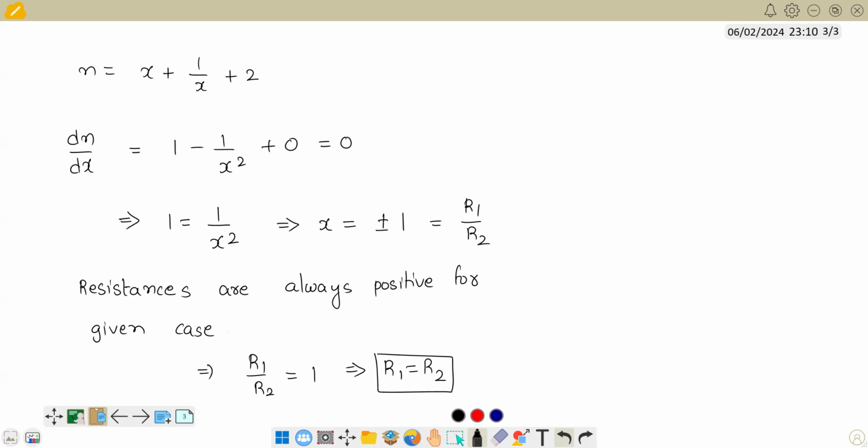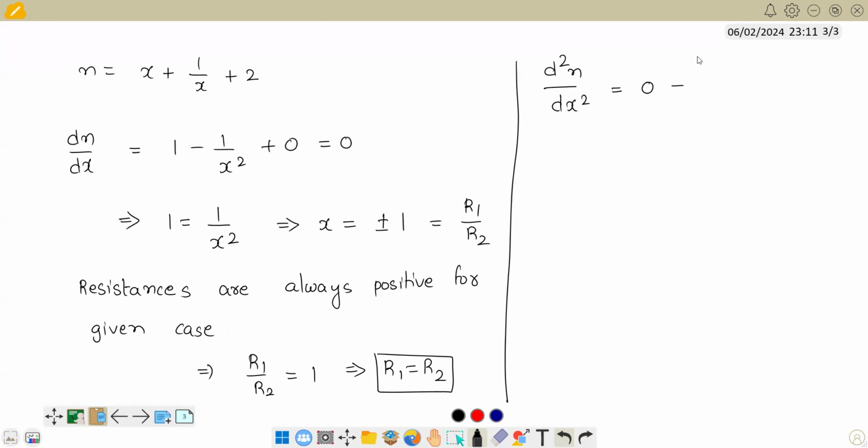Once we got R1 equal to R2, we can find even the value of N also. But we need to check whether this one would give us maxima or minima. To check that, we have to again differentiate this expression with respect to X. If you differentiate 1, you will get 0.